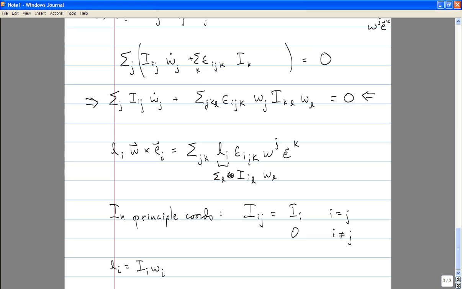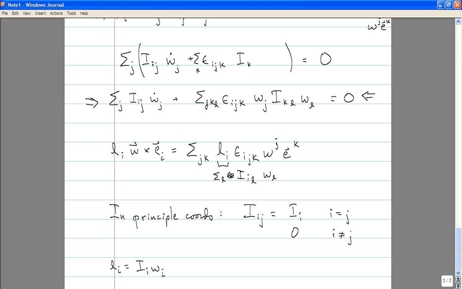Is that clear? The angular momentum vector was the inertia matrix times the angular velocity vector. And if the inertia matrix is diagonal, then L1 is I1 times omega 1, L2 is I2 times omega 2, and so on and so forth.